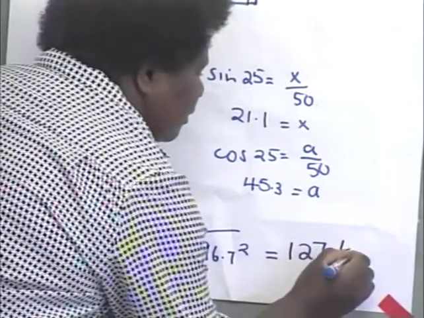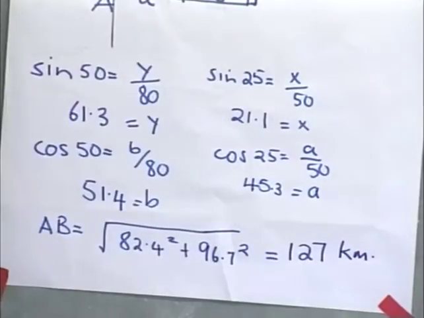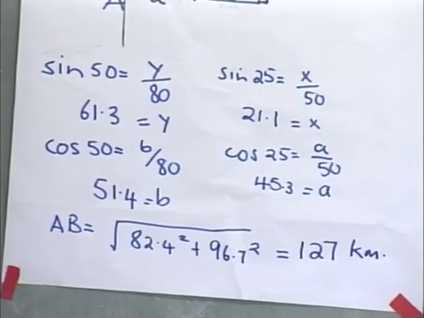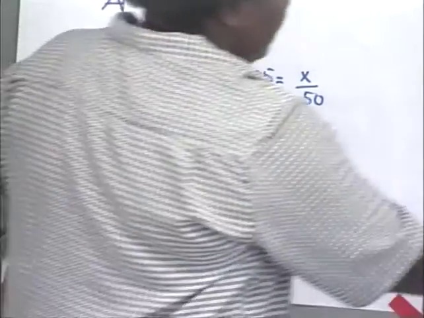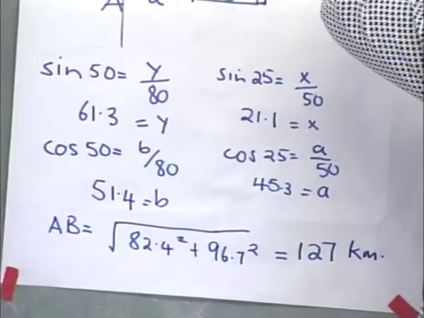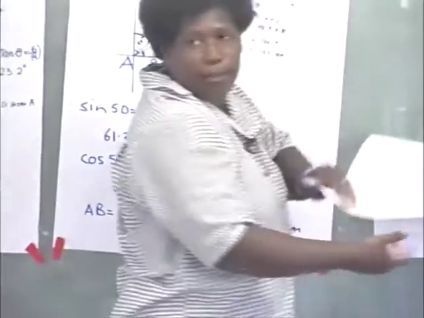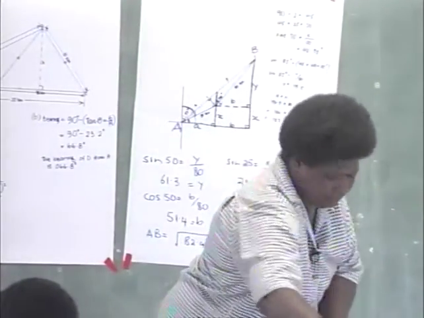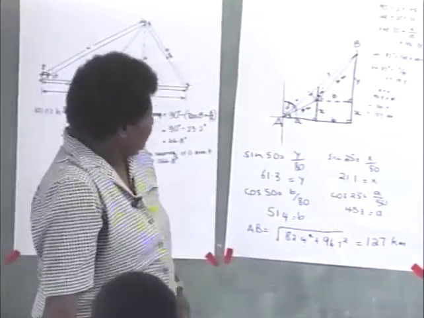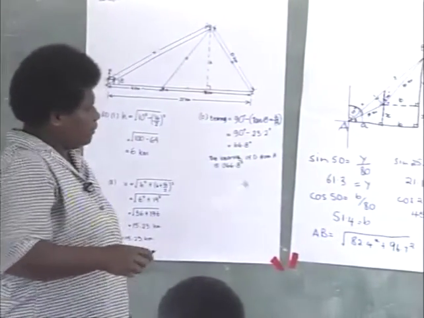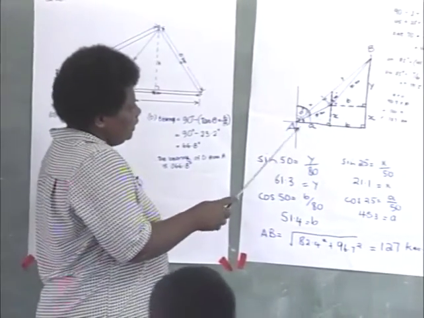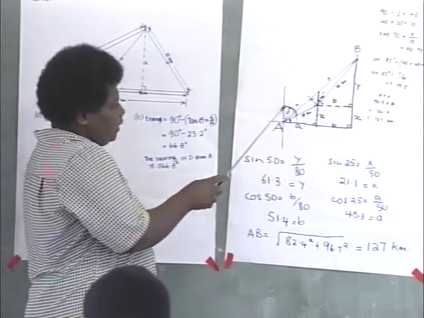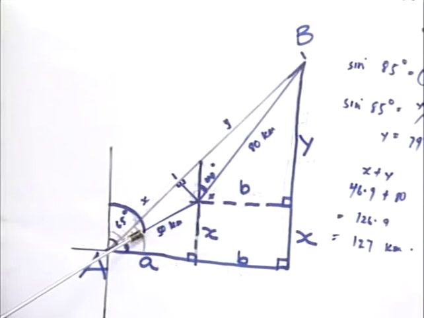Okay. But is that understood by everybody, what you're supposed to do? Okay, now I'll find the bearing. Okay, if you look at the diagram, sorry, it's not a very big one, but if you look at the diagram, the angle 65 is this one.